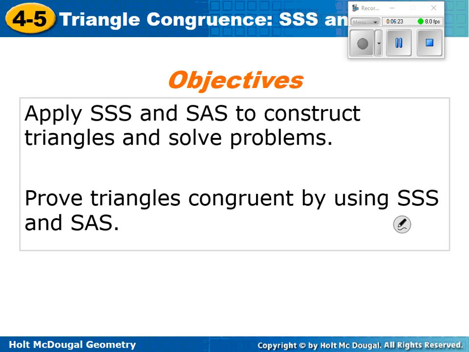So I'm going to give you 2 pictures over here, and you tell me which one is angle, side. So number 1 or number 2, which one is angle, side?